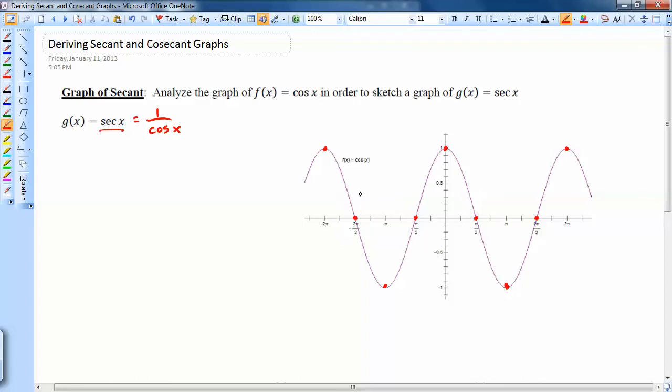So there will be something weird going on with this graph, and we learned that a lot of times when it doesn't cancel with anything in the numerator, that's where we get vertical asymptotes. So I'm going to draw in these. We're just going to draw the graph of secant right on top of the graph of cosine. So everywhere that there was a 0 for cosine, now there's an asymptote for secant.